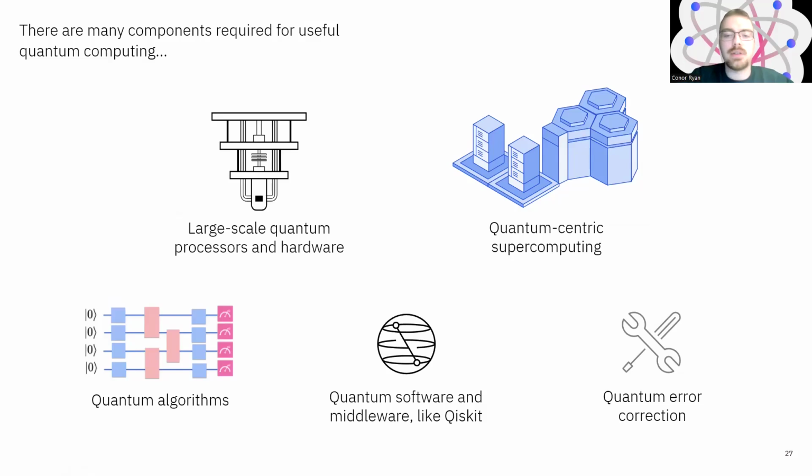Then we have other areas such as quantum-centric supercomputing. We won't completely get rid of our classical resources, so it is worthwhile to investigate where in fact we can combine the quantum and classical to get the best of both worlds.